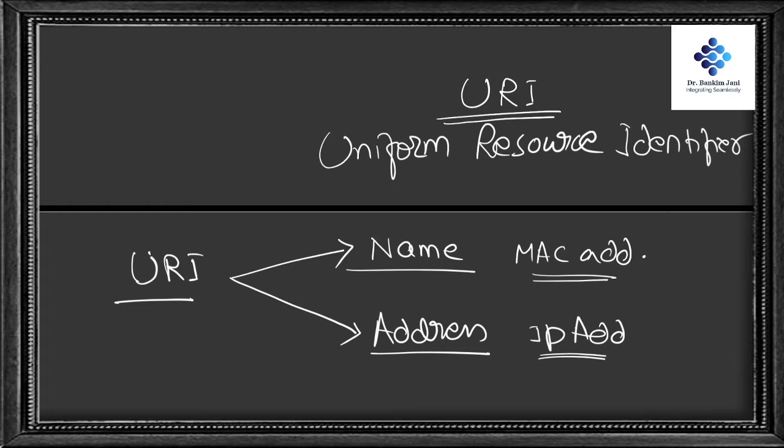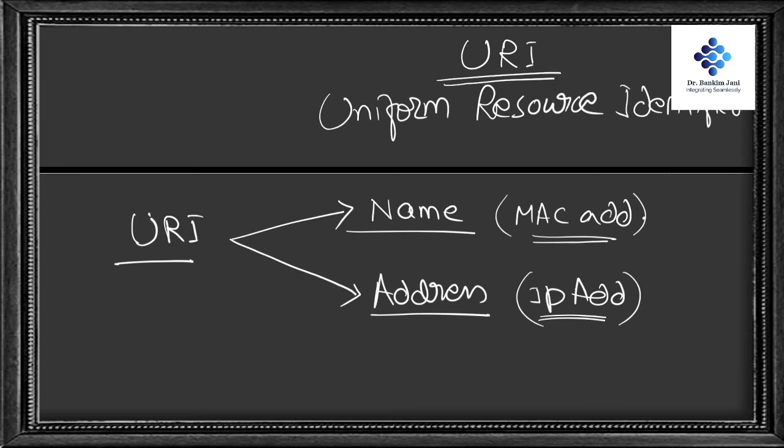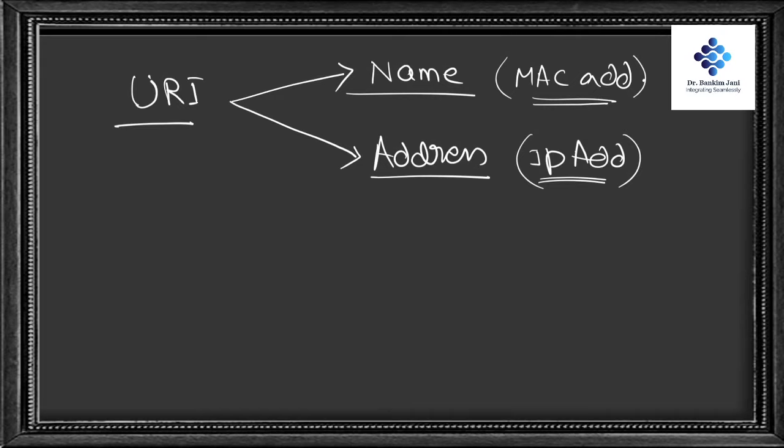And why address? Because this IP address is telling us where exactly that device is located, and with the MAC address we are finding the name of that particular machine. Now the concept is that whenever we are talking about URI, we are talking about both the things: name and address.